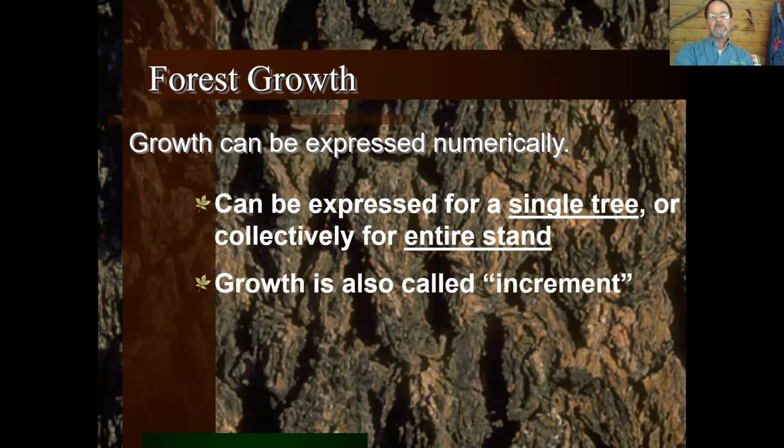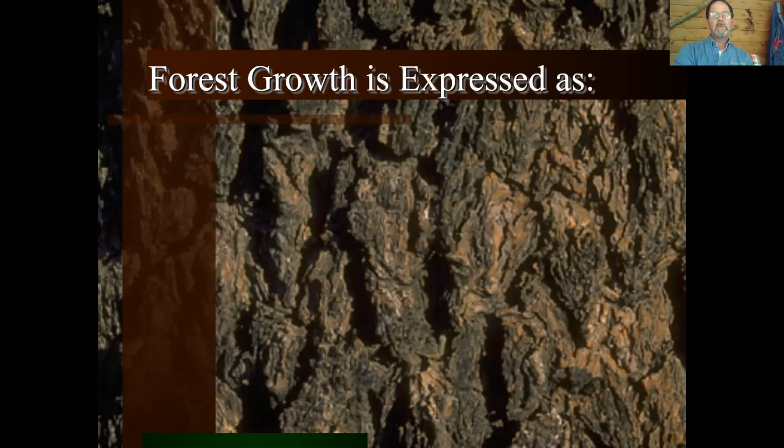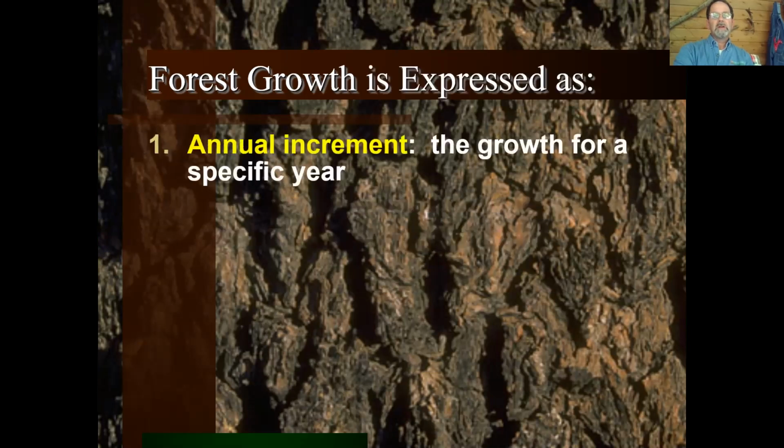Growth is also called increment, and remember that as we go through. Forest growth is expressed oftentimes as annual increment. That's the growth for a specific year. How much did the tree grow, or did the stand grow this year?